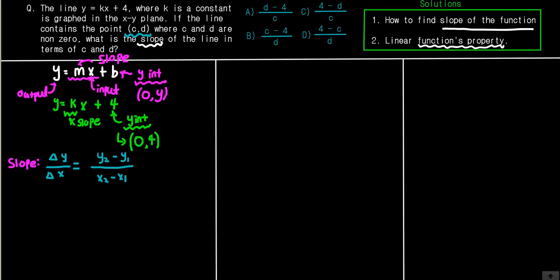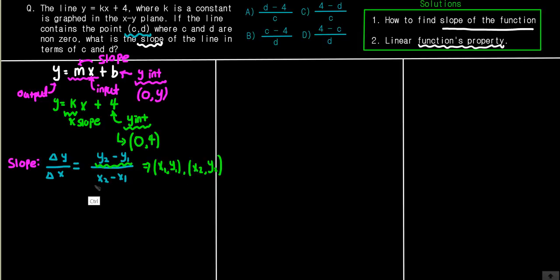What this means is that we have two points, (x1, y1) and (x2, y2). We subtract y1 from y2, and we subtract x1 from x2.